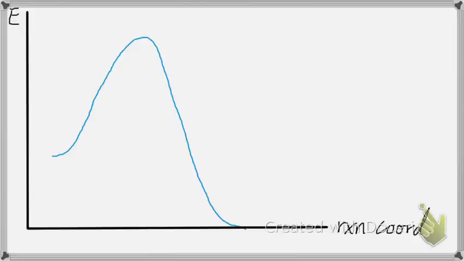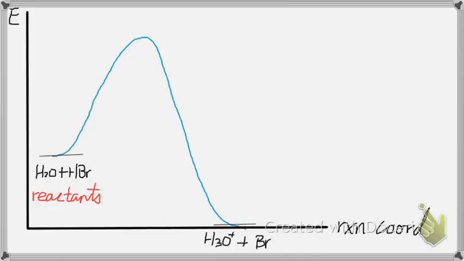All right, so here is our starting point. We have our reactants, and in this reaction, H2O and HBr. And on the other side of the curve, our products, and in this reaction, the hydronium ion and the bromide ion.